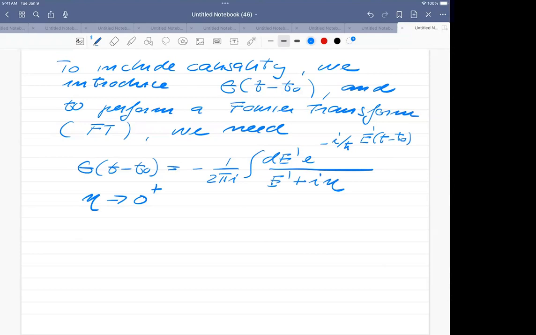So now I'm just recalling or trying to reboot some knowledge about integration with complex arguments, assuming that everybody has seen something like this with the residue calculus and things like that. So for t larger than t0, we perform the integration closing the lower half. I'm just setting this up here.